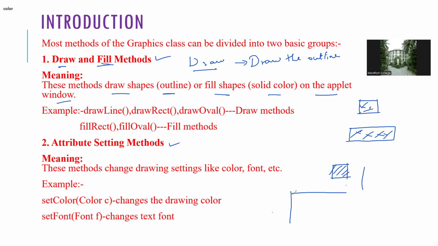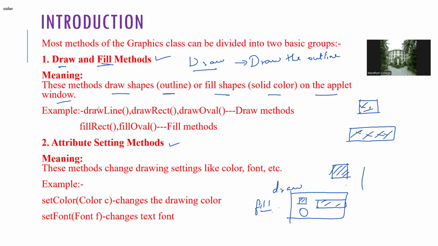Consider this is the applet window. In it we will have components like square, rectangle, oval. You can draw only the outline by using draw methods, or you can fill those areas by using fill methods. These two things are possible.